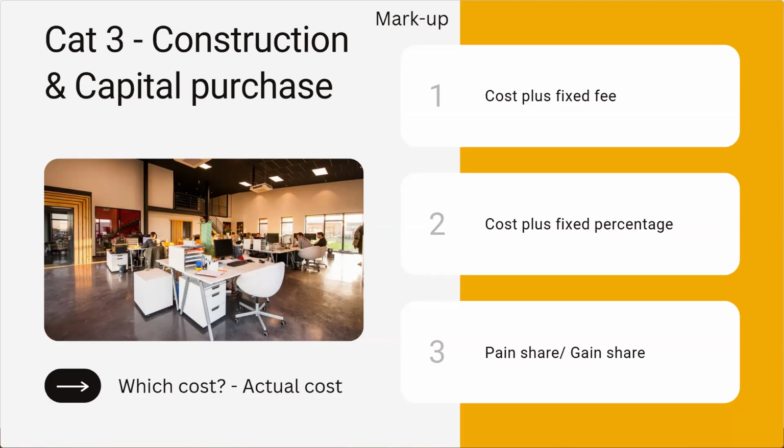Like I agree to pay the actual cost and 10% on top of that cost as part of their markup. Or we can use the pain share gain share. With pain share gain share, we set up a target cost, and if they go beyond that, we share the excess cost. Or if they can perform under that level, then we can share the incentive.